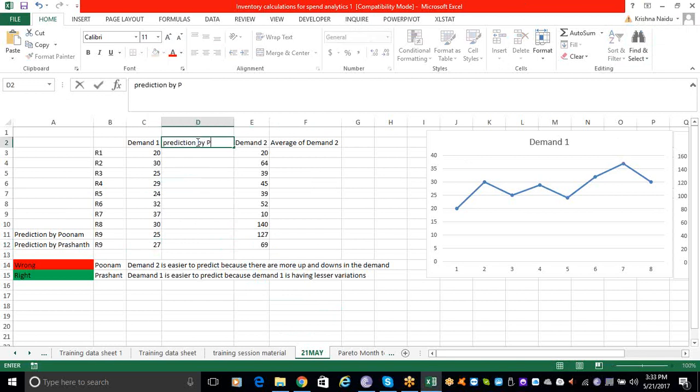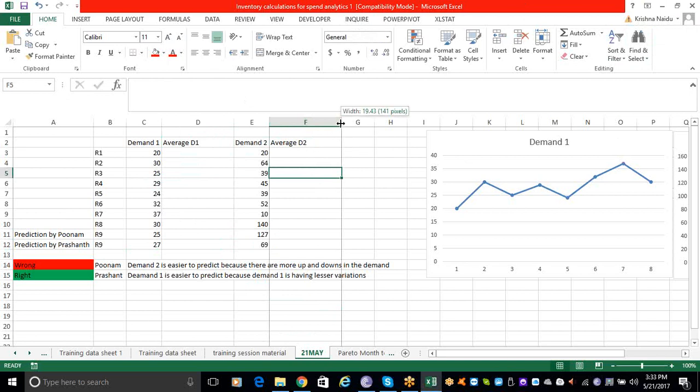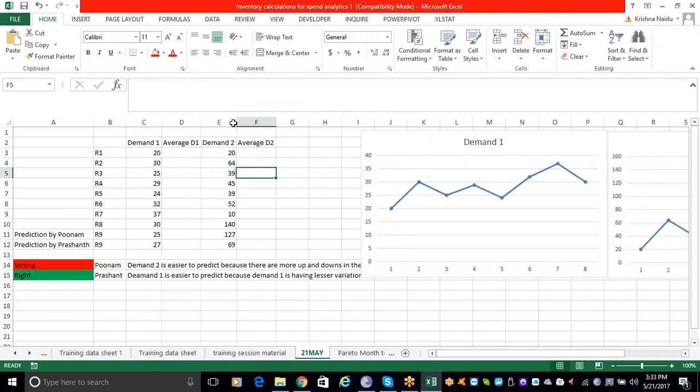Prediction by Poonam. So let's study what should be the right prediction.